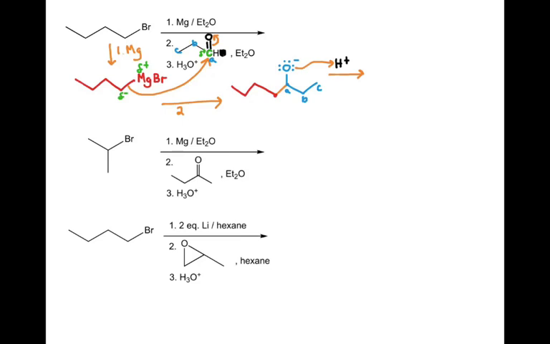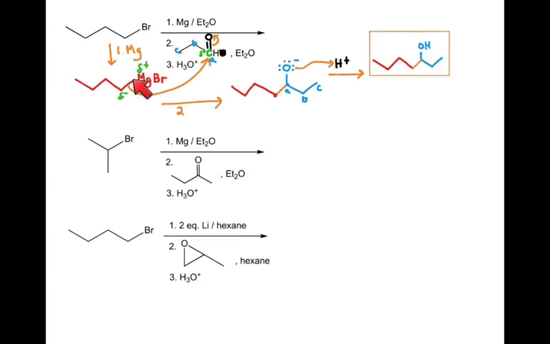So let's draw our final product here. 1, 2, 3, 4 carbons. Our new bond to the electrophile, which has 1, 2, 3 carbons. And now we have on that carbon an OH. And this is in fact the final product we get from this reaction, from our Grignard reaction.